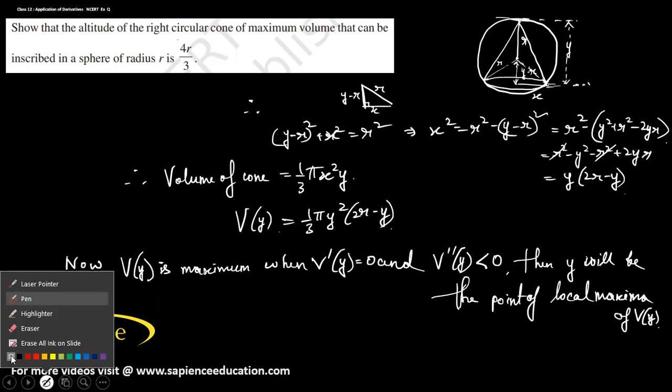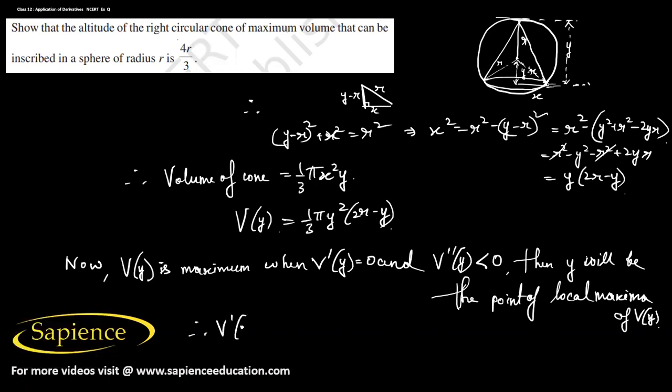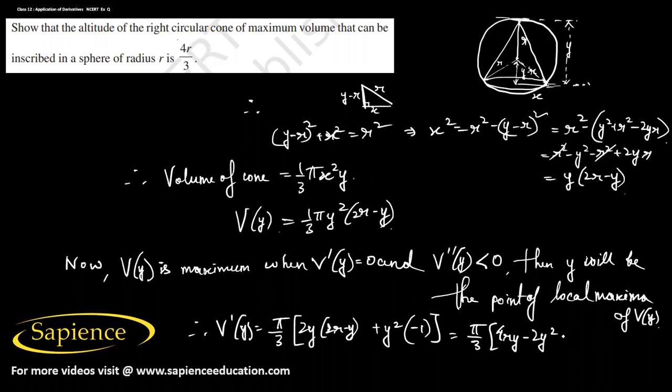So now, therefore, v dash y will be equal to pi by 3. I can take outside the derivatives, then this will be 2y into (2r minus y) plus y square into minus 1. So this will be pi by 3 into (4ry minus 2y square minus y square), that should be equal to 0.